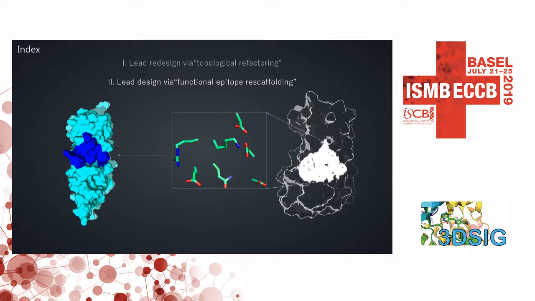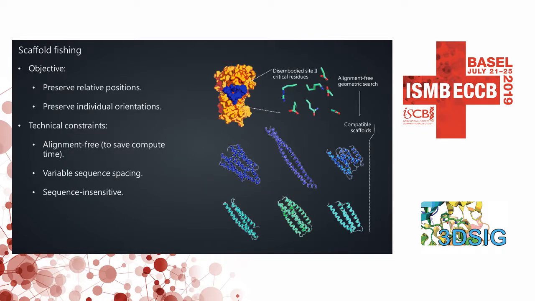The other strategy, which is scaffold hopping, is primarily focused on dislodging the active site residues and trying to mount them onto geometrically accommodating scaffolds; this is essentially a tertiary structural motif. So we developed a particular method here for alignment-free geometrical matching of tertiary structural scaffolds, and these are the top 6 hits.